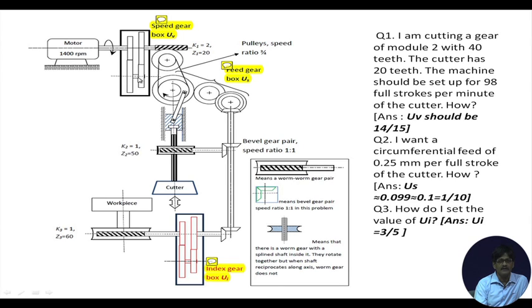I will say it will vary from case to case. If you are applying a particular condition, that I want this particular cutting speed or this particular number of strokes per minute, that will decide this particular gearbox setting. So at this moment no particular numbers of teeth are assigned to these gears.